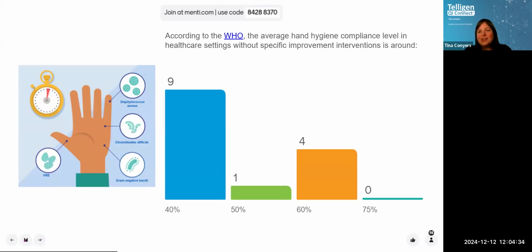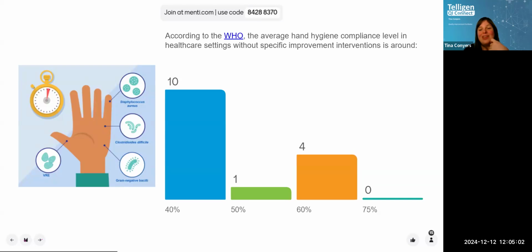Okay, so we've got some good answers coming in. We do have primarily a consensus. I'm going to give a couple more seconds, and thank you guys so much for engaging with this and giving your answers. Okay, so the majority is right. It is 40%. That is kind of shocking.